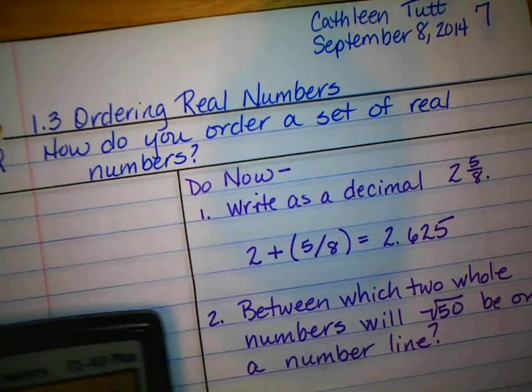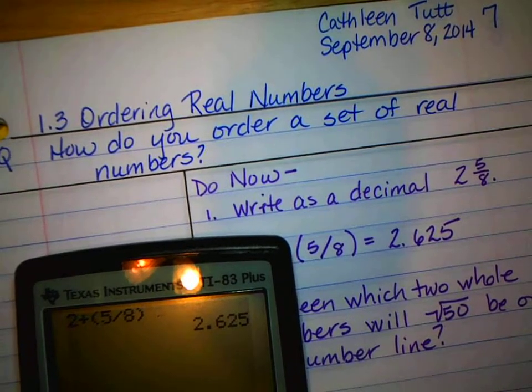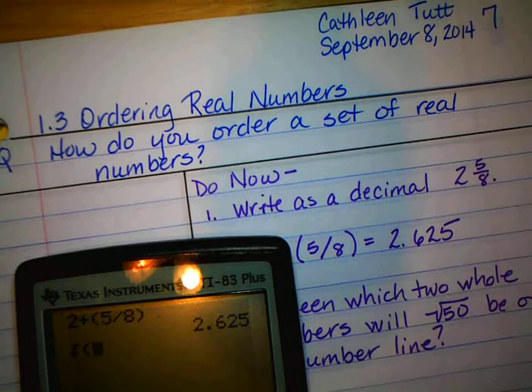The easiest thing to do here would be to go back to our calculator and find the square root of 50.